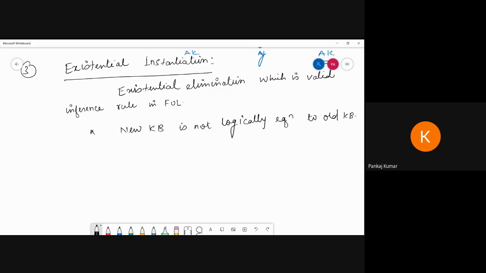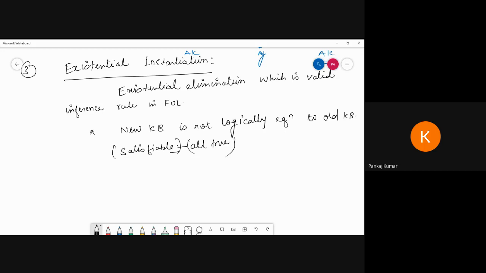But it is satisfiable if the old KB is satisfiable. What is the meaning of satisfiable? That means all true. If your old knowledge base is true, then the new one will also be true.